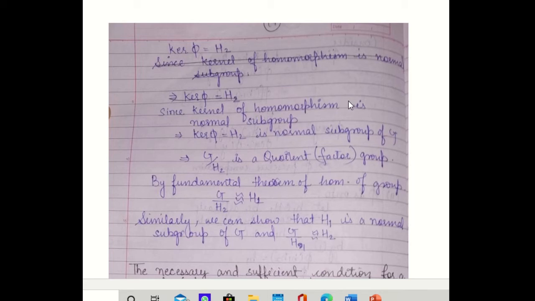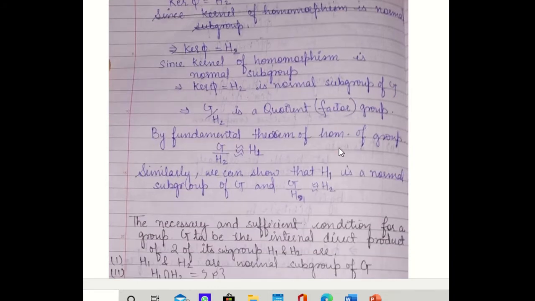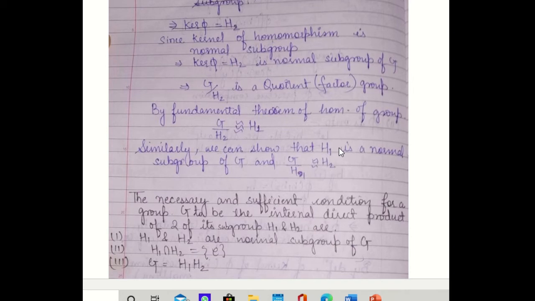Since the kernel of a homomorphism is a normal subgroup, the kernel of phi, which is H2, is a normal subgroup of G. Since H2 is a normal subgroup of G, we know that with every normal subgroup we can find a factor group or quotient group. So G upon H2 is a quotient or factor group. By the fundamental theorem of homomorphism, every quotient group is isomorphic to some of its normal subgroup.